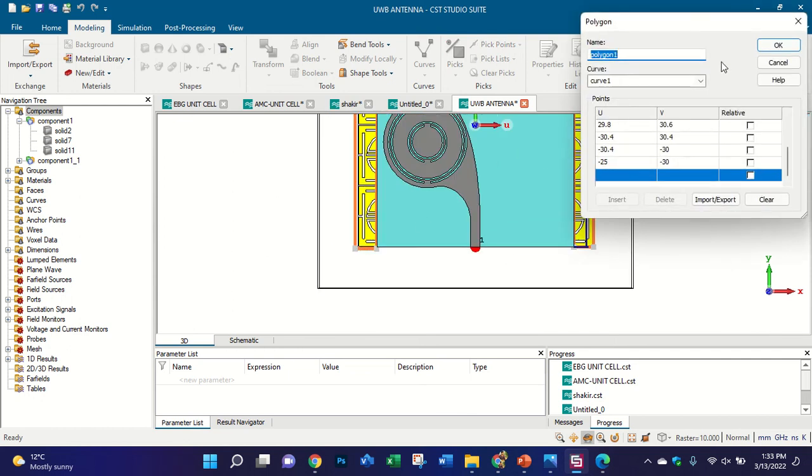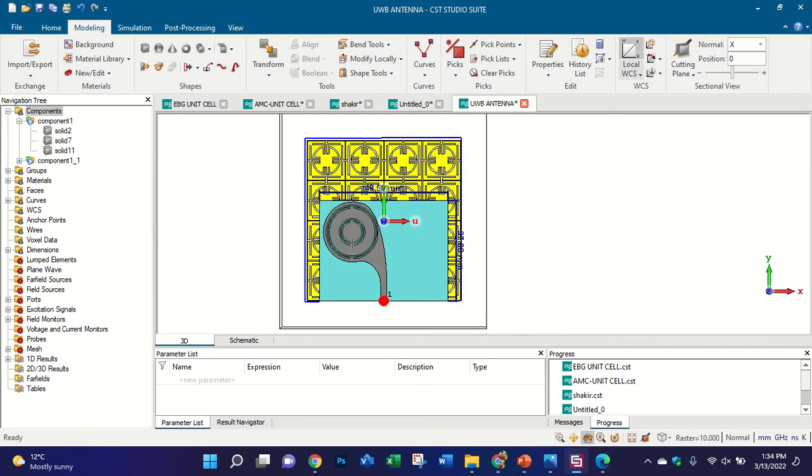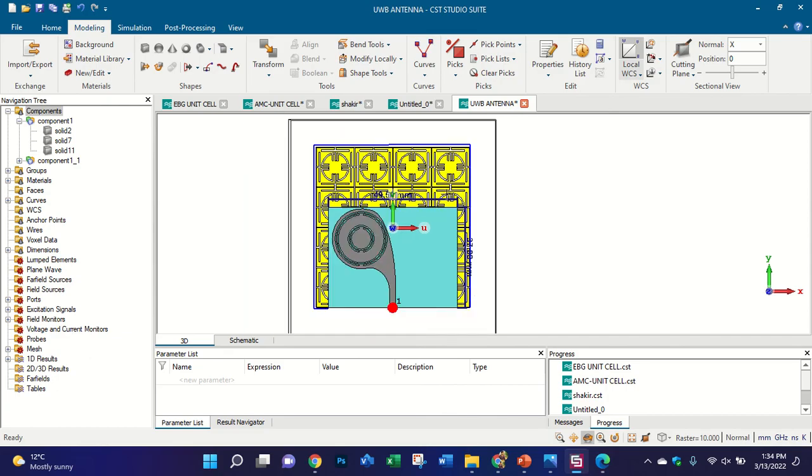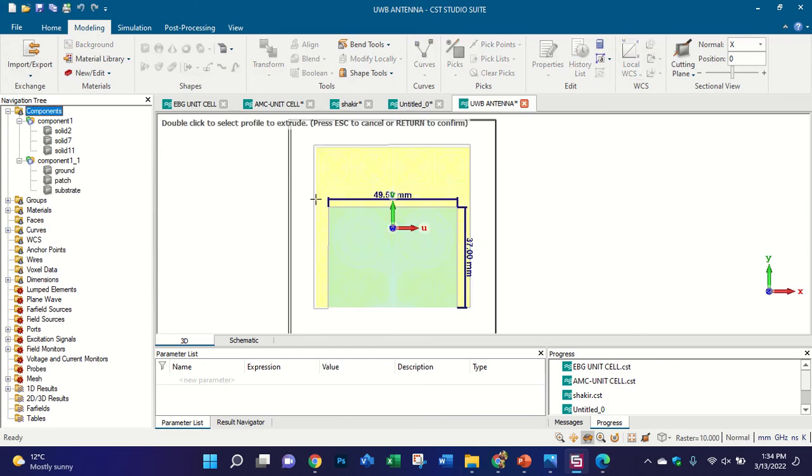So what I am doing here is I want to cut my metamaterial. I want to keep the size of the metamaterial the same as the size of the antenna, because these sides are additional, so I don't need them. I can cut this by creating the boundary as I have done like this.